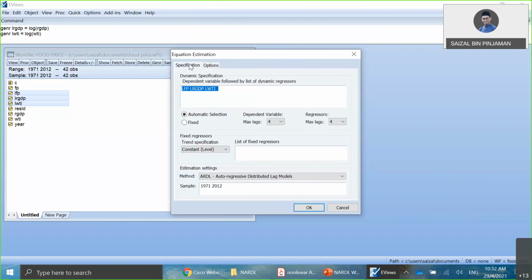Then here you can change the trend specification to non-linear trend. In our case, let us put it to level or constant. And here you can see that the sample in terms of time series is from 1971 to 2012, so 42 observations. We click OK.